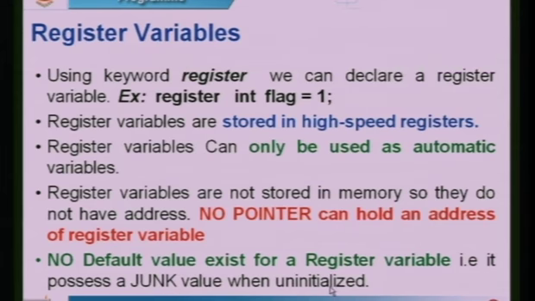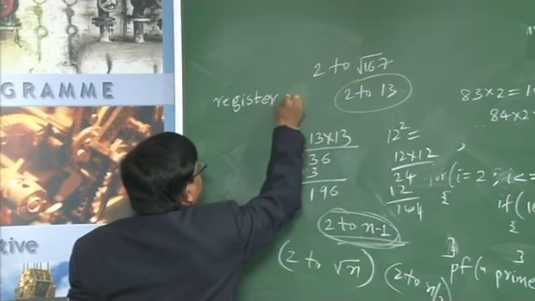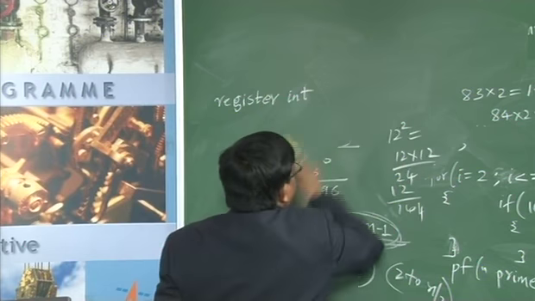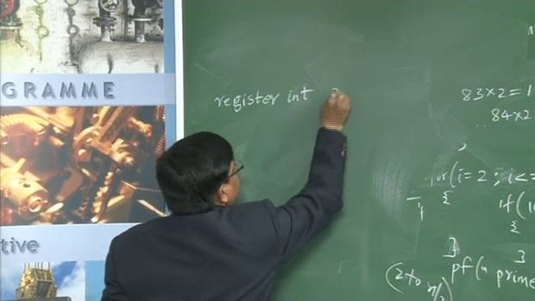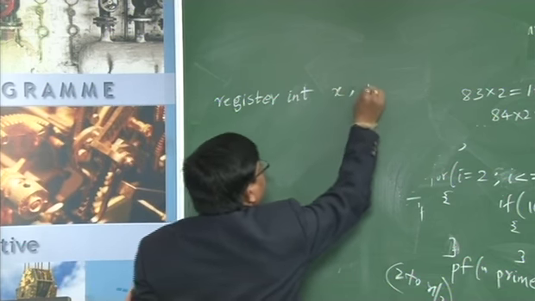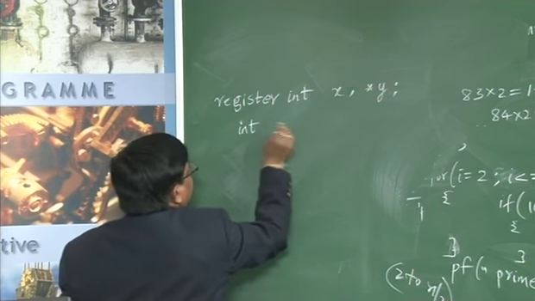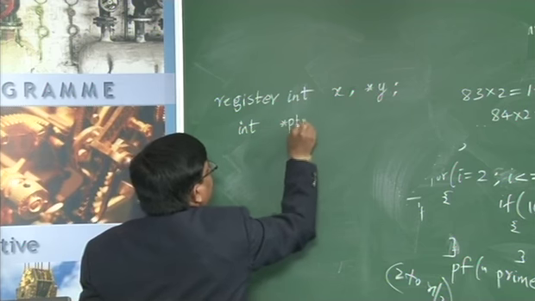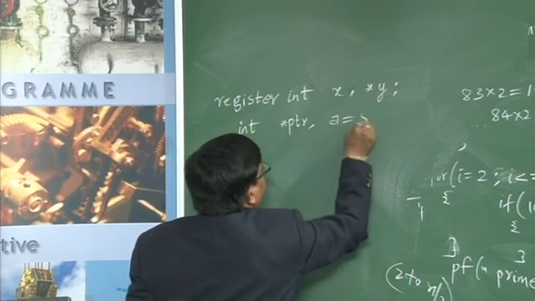So what exactly is the meaning of not possessing an address? If I declare register int x and int star y, then I can declare int star ptr comma, say for example, a is equal to 5.